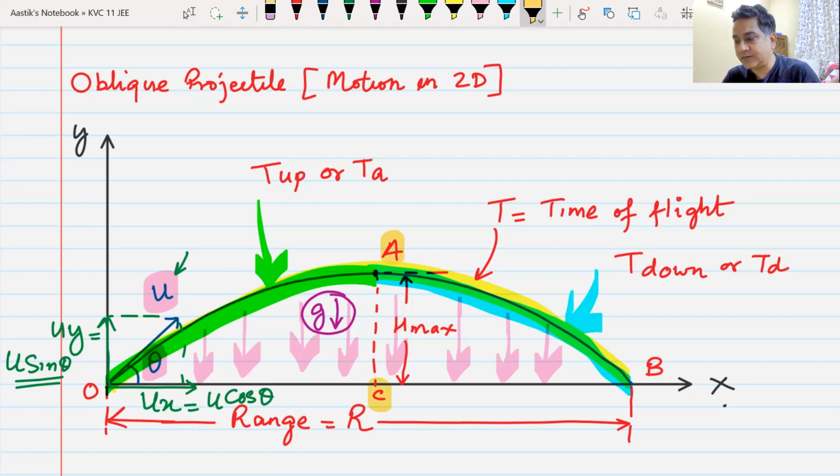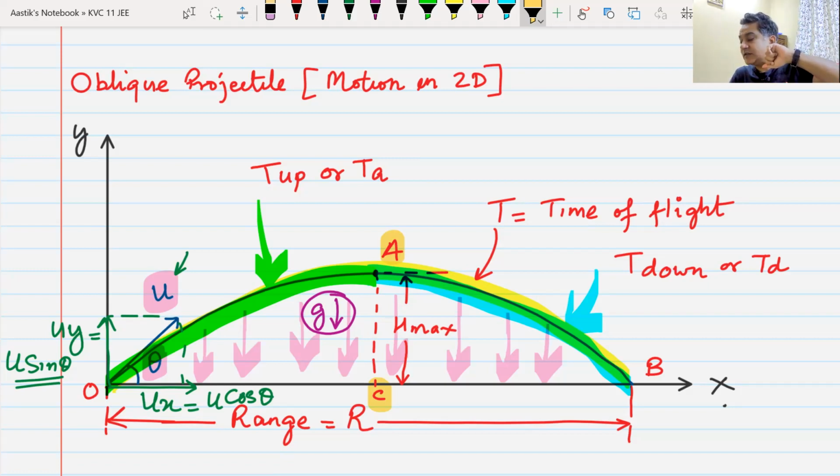Then there is the time taken to go up and the time taken to come down. What will be the relation between the time taken to go up and the time taken to come down?